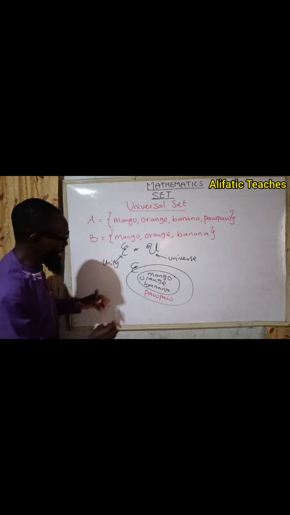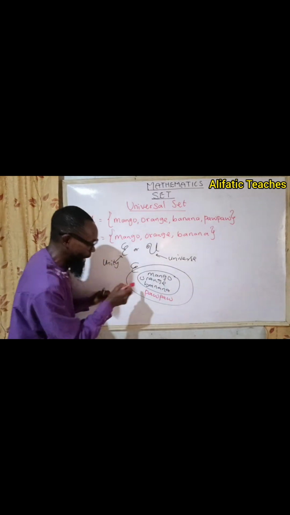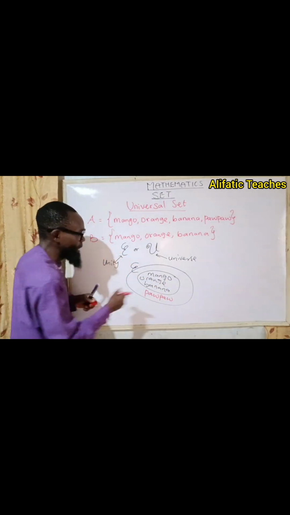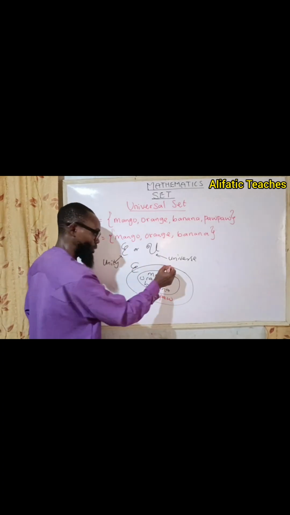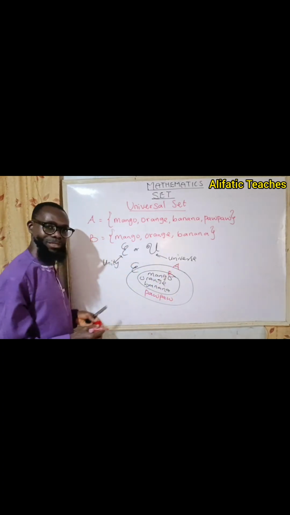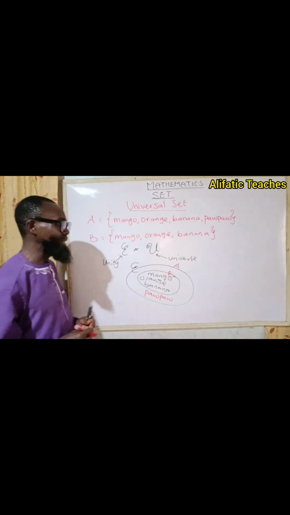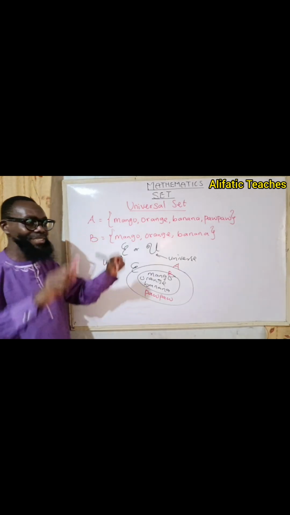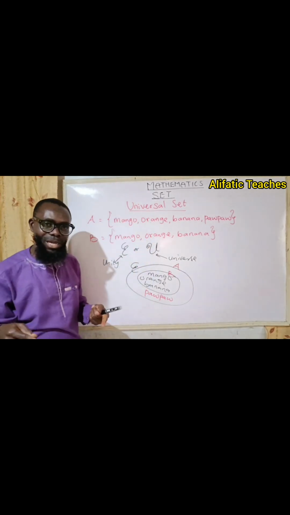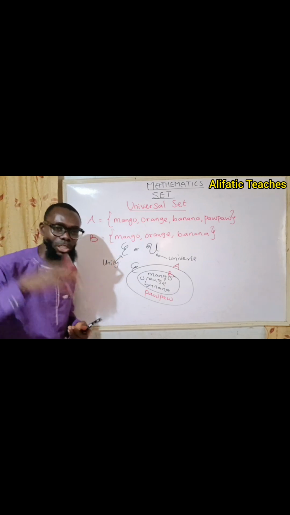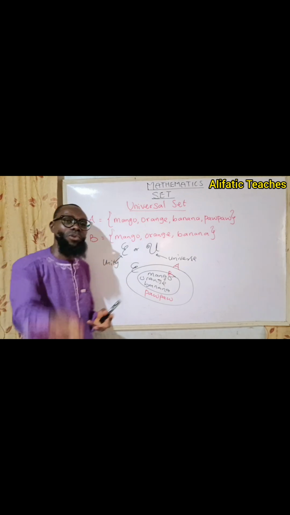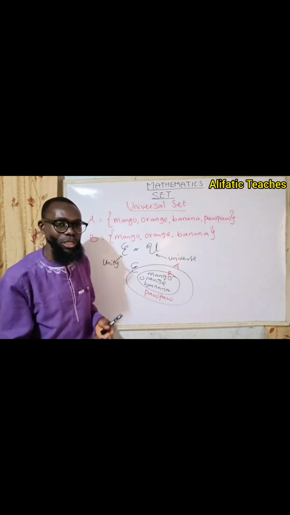So this is the universal set that consumes set B. This one now is set B, and this one is set A, which is the universal set. The universal set is the whole set that contains all the subsets. All the smaller sets can be found in it, so it is called a universal set.